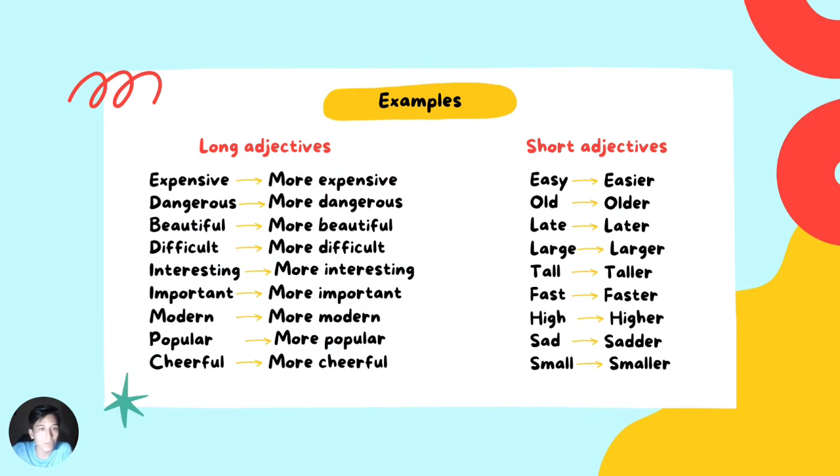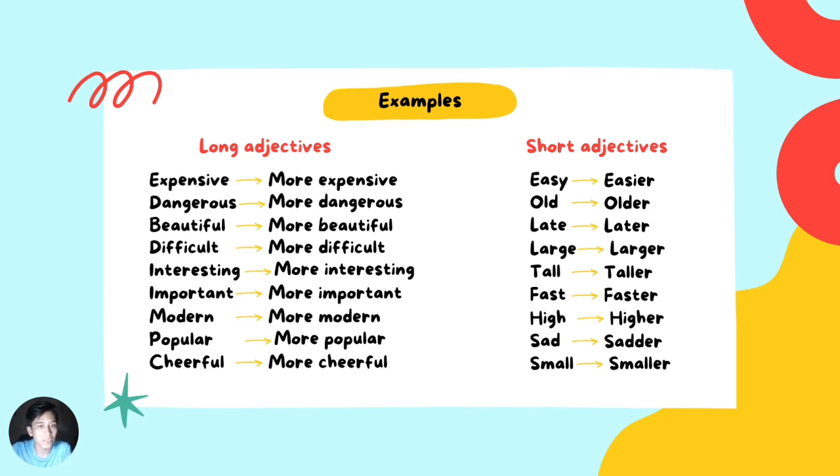Here I wrote some examples. From expensive, we add more or less, and it will be more expensive, more dangerous, more beautiful, more difficult, more interesting, etc.